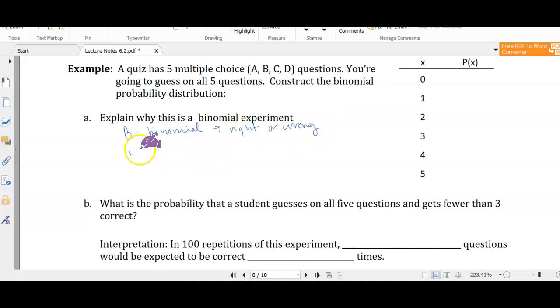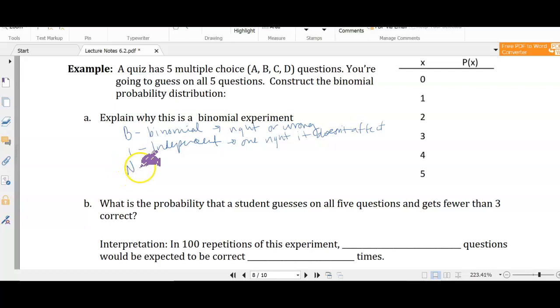Then we had our I, and it's going to be independent trials. If we get 1 right or get 1 wrong, it doesn't affect the next one. So our next problem isn't affected by whether we got the previous one correct or not.